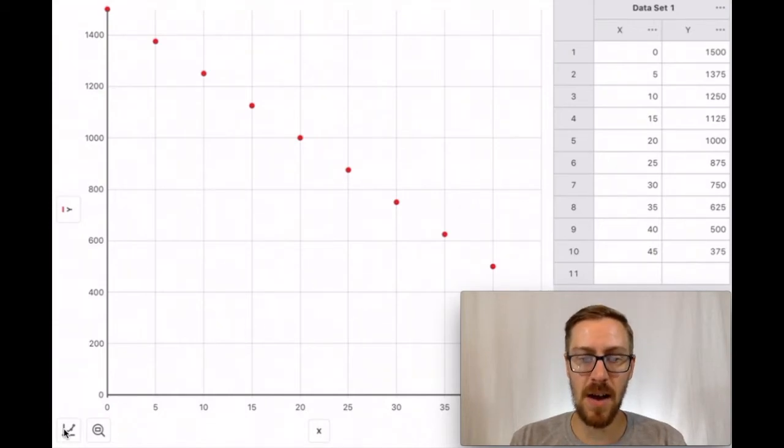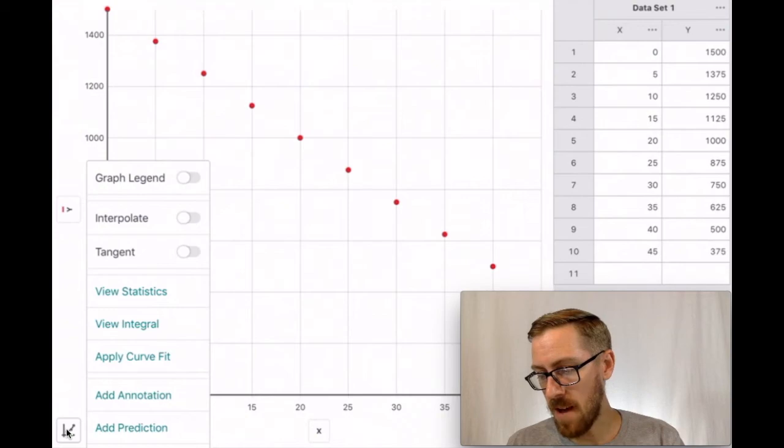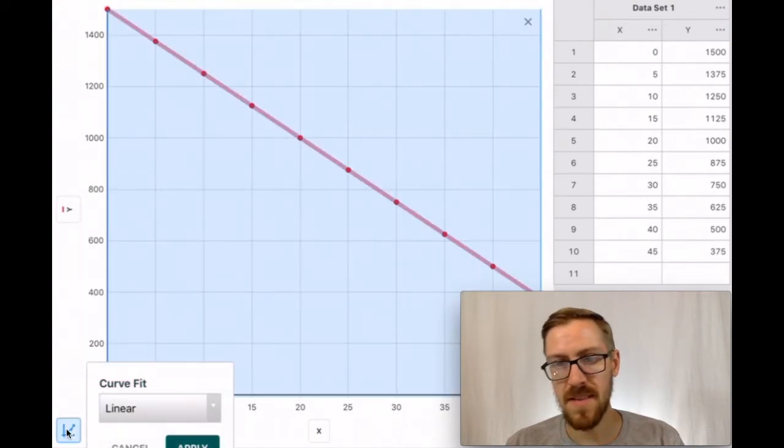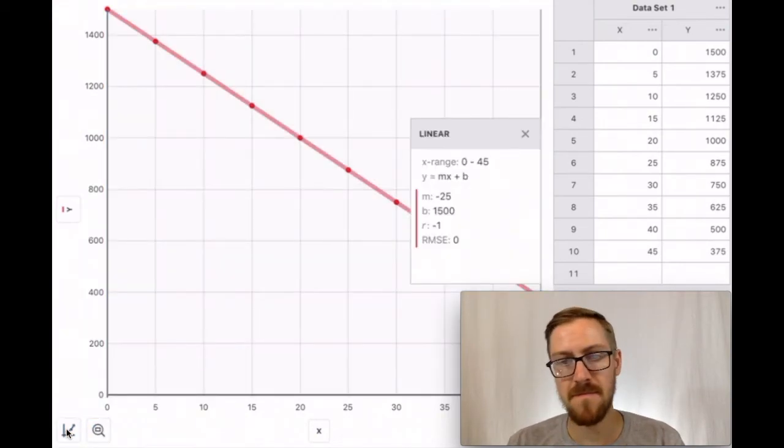So I go down to this corner again, apply the linear fit. It spits out a bunch of numbers at me. And again, the only thing I care about is right here, the M and the B. This is the starting point, so the car is starting at 1,500 centimeters, and it has a slope of negative 25, which means it's going toward the observer at 25 centimeters per second.